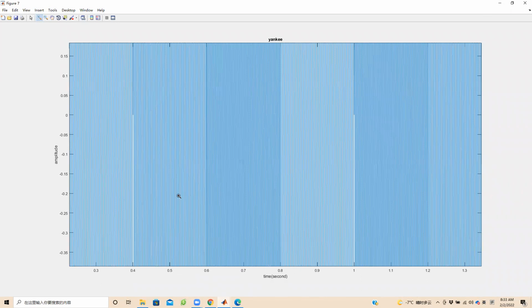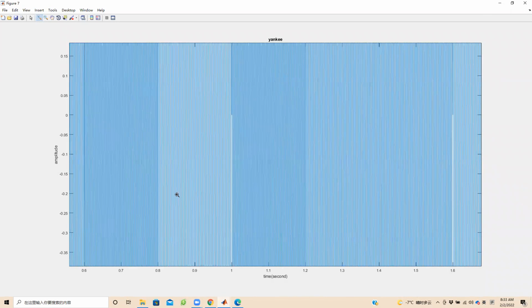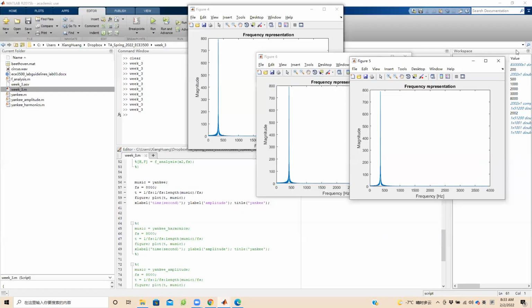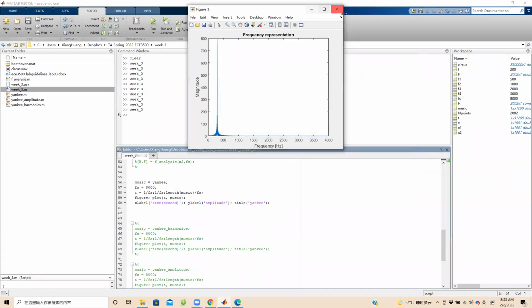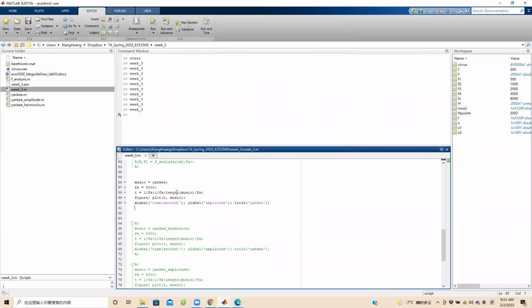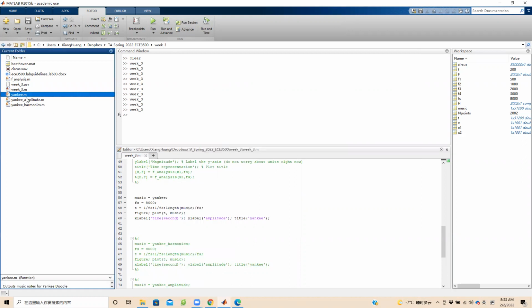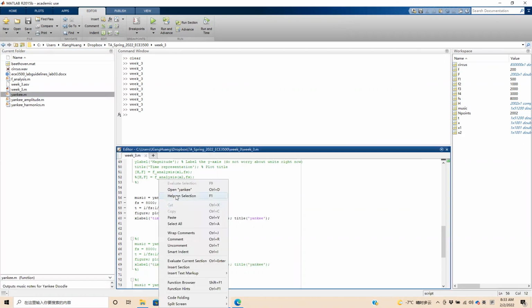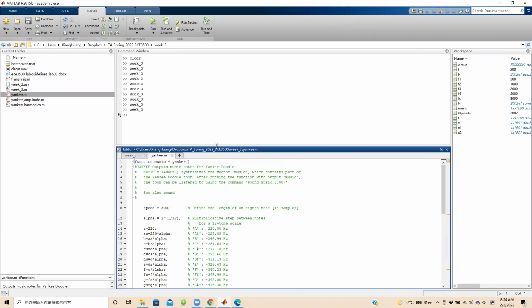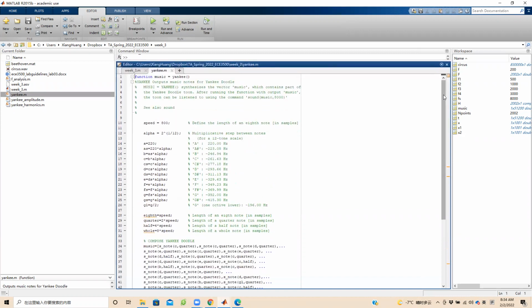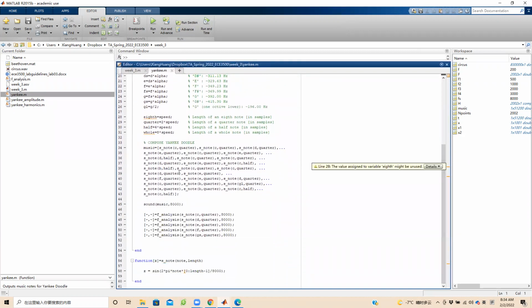However, each note has a certain frequency. The Yankee is just a function, and here we look into this function.